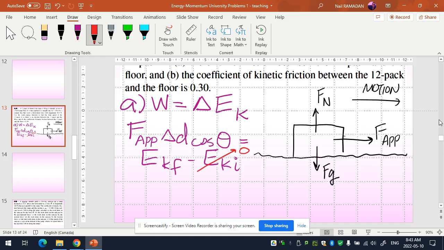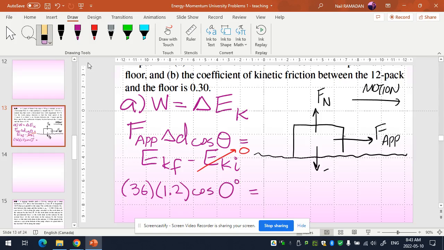How much is F applied? 36, times how much distance? 1.2, and then cosine of 0 degrees, equals half the mass of the box, 4.3, and we just need to find VF squared.